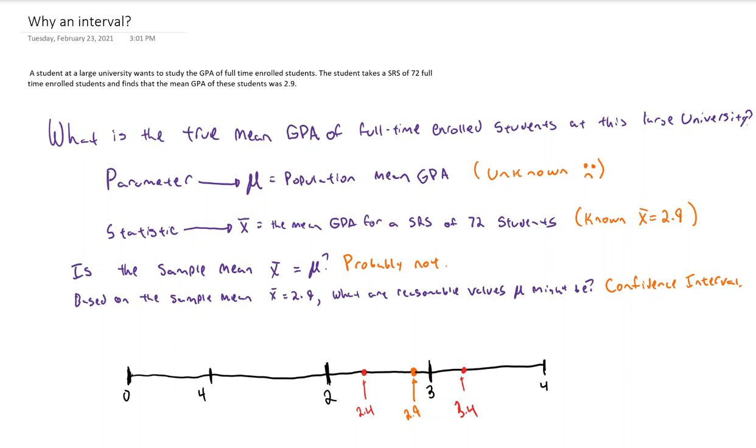Maybe I extend one GPA point above a 2.9 and one GPA point below a 2.9. So that would move the endpoints of my interval to a 1.9 and a 3.9. So you can adjust how wide your interval is based on how confident you want to be that your interval will capture the actual true mean GPA here.